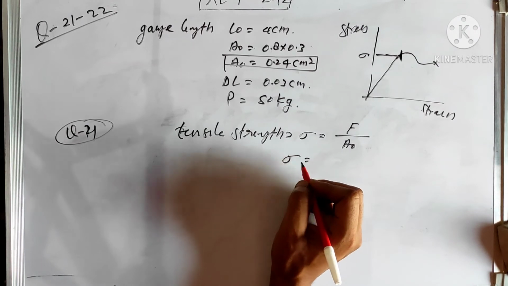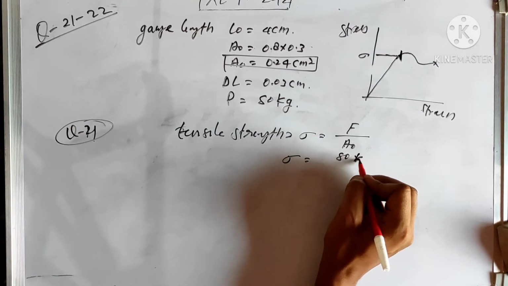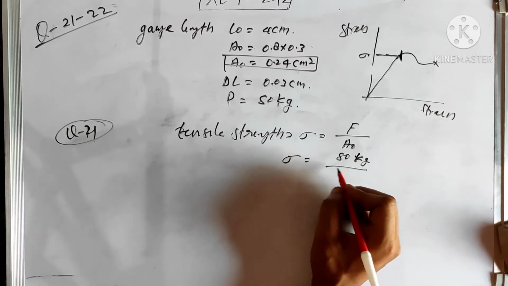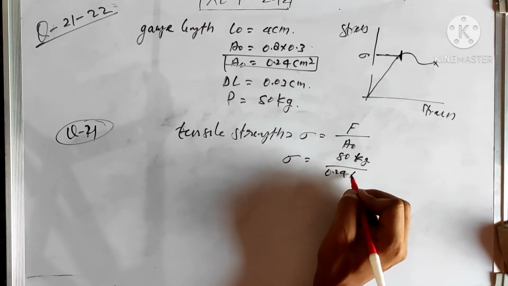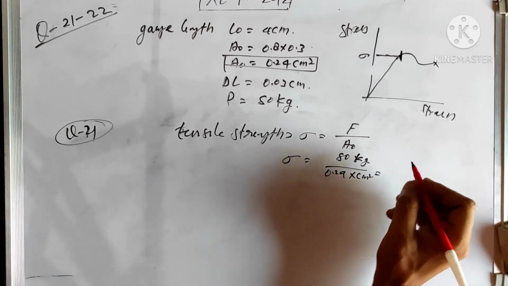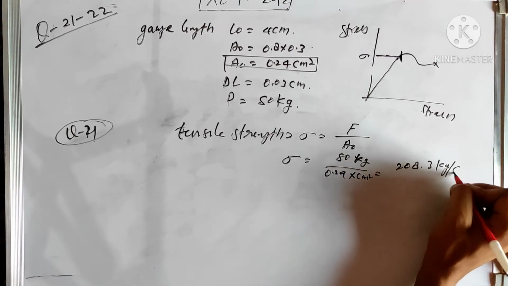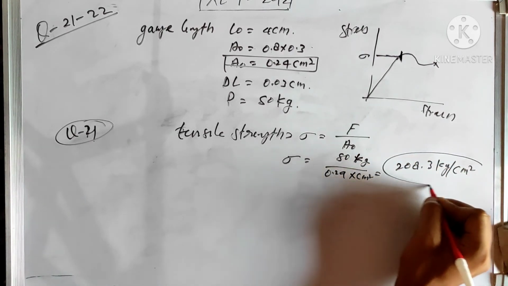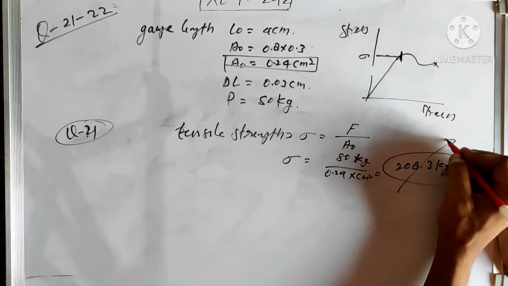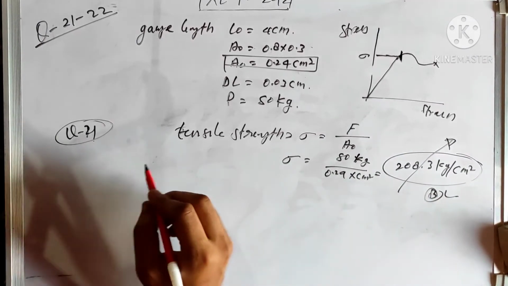Then tensile strength sigma is equal to the force, given as 50 kg, divided by the original cross sectional area, equal to 0.24 centimeter square. Then you get 208.3 kg per centimeter square. This is the tensile strength. Then option number B is correct.